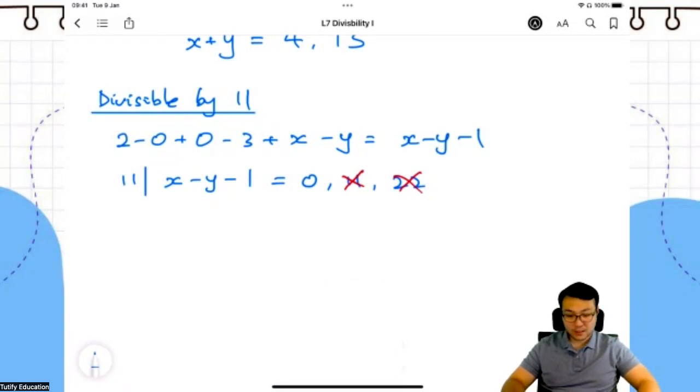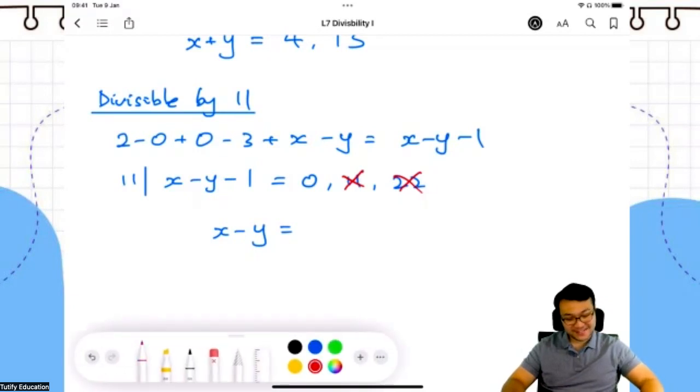So now we know that x minus y minus 1 must be equal to 0. How do I get rid of the negative 1? By adding 1.